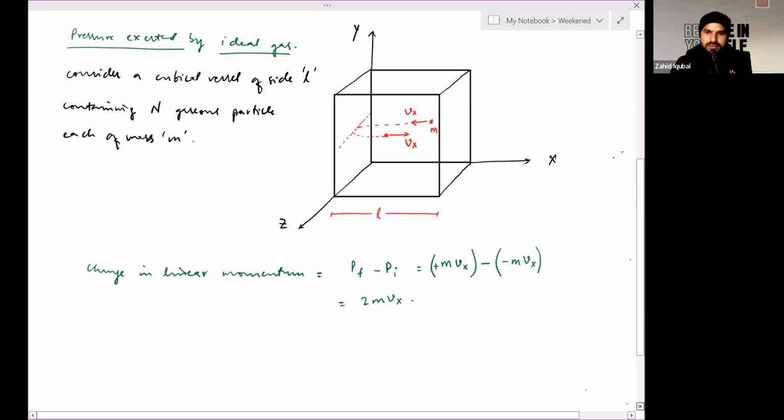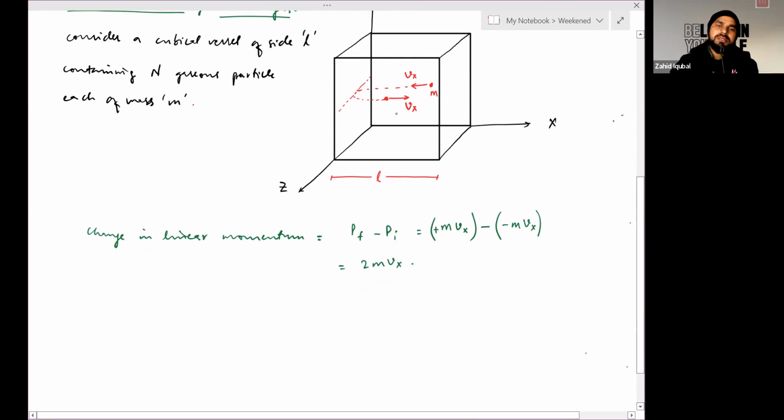Okay. So we have calculated the change in linear momentum during this collision. Now, how much time is it taking for this process? Time taken is distance traveled divided by speed of the particle. It goes from one end to the other and then returns, so the total distance is 2L divided by speed Vx. So we have change in linear momentum as well as time taken.